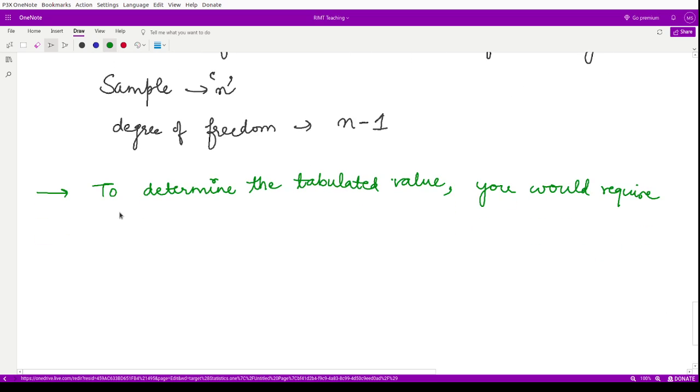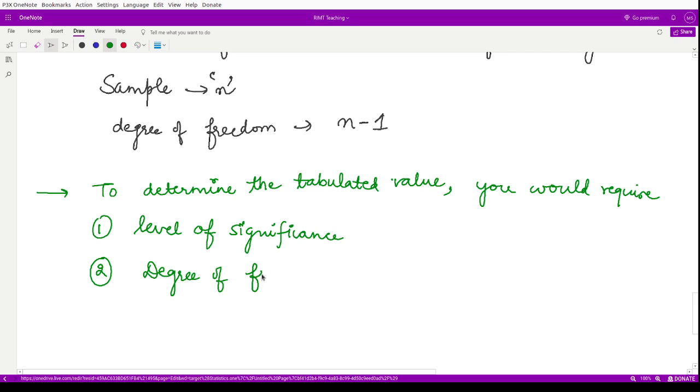One is the level of significance, so you would have to specify this level of significance in the very starting of the problem if it is not mentioned in the problem that is given to you. And the second thing that is required is this degree of freedom, right? So based on these two things you will determine what is your tabulated value, and accordingly you will have your critical region with you.